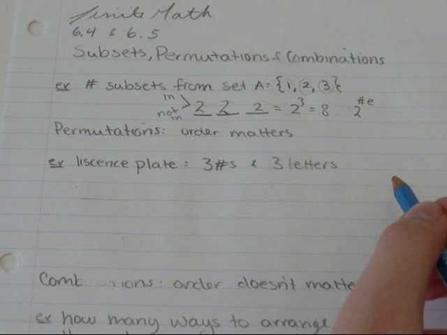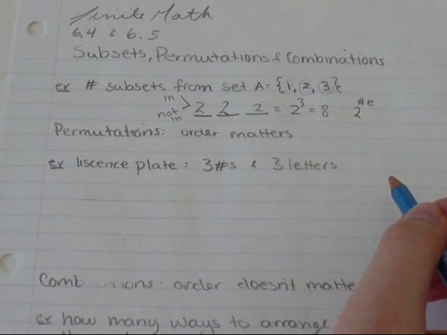So the classic sort of permutations question is the license plate example, and I guess it's different wherever you live, but for me a license plate is 3 numbers and 3 letters. And I'm going to forget that obviously, the government wouldn't let you write swear words on your license plate. So I'm just going to imagine that I can use any letters in any order that tickles my fancy.